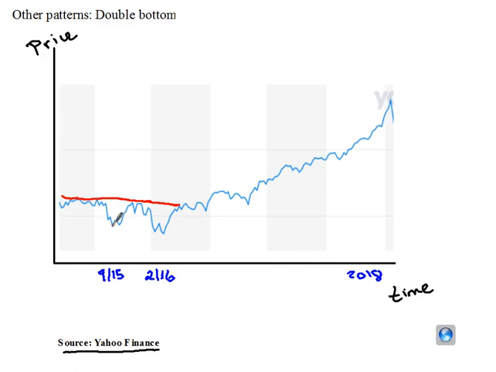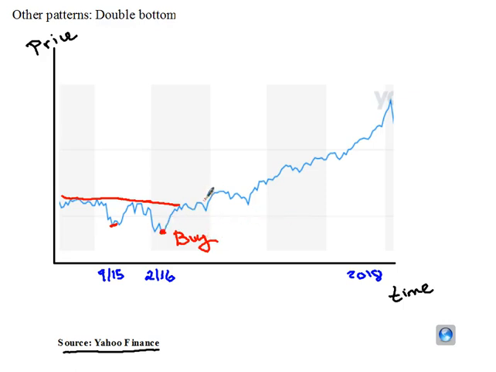The market goes down and hits a first bottom. Then the market rallies back up to that old high, but doesn't really get past it. The rally stalls, and the market comes back down, and right there is where you get your double bottom. The argument would be that that's where you buy. You buy in the double bottom.